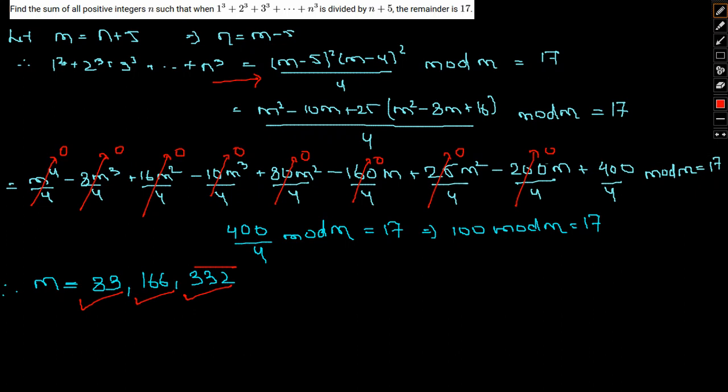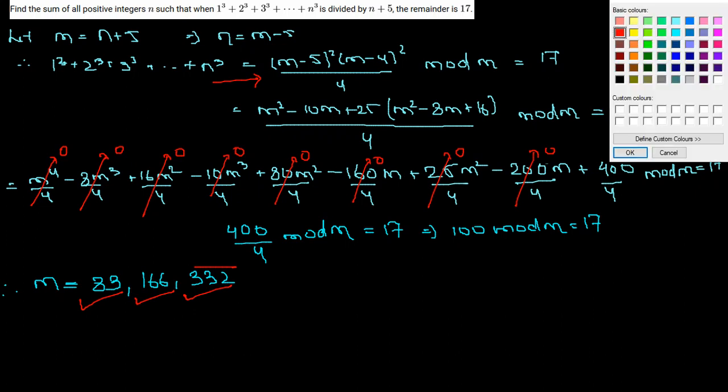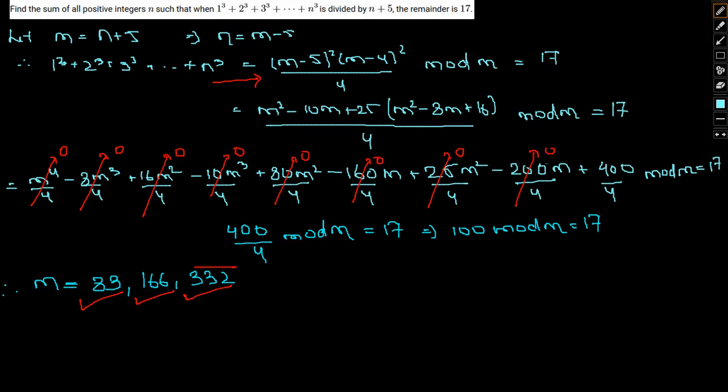That is, we are not getting 17 as a remainder. So our possible values for m are 83 and 166.